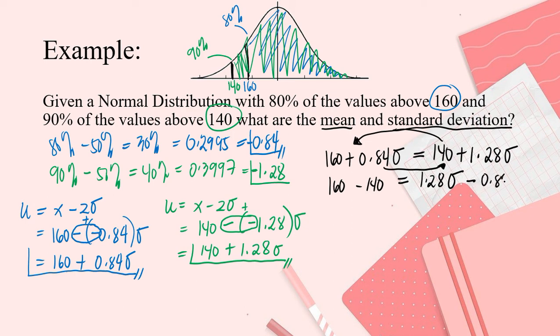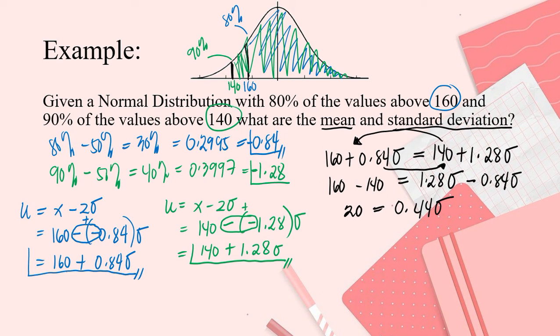So, we have 0.84 SD. Since magkasama na yung like terms, pwede mo na silang i-combine. 160 minus 140, of course, that is 20. And we have here 1.28 minus 0.84 SD, that is 0.44 SD.